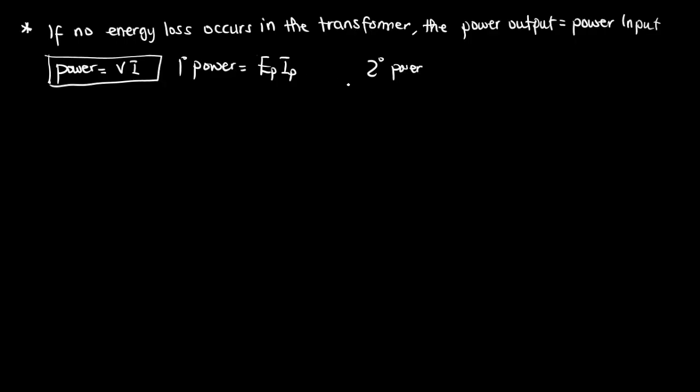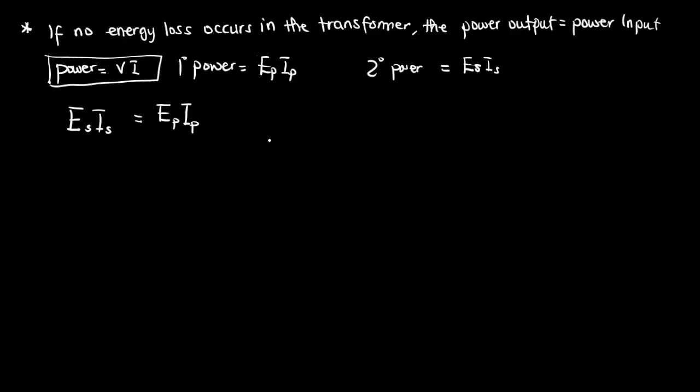The primary power is the power input, and this is the power output. That will be ES IS. So we are saying that if no energy loss occurs, then ES IS, which is the power output, should be equal to EP IP.